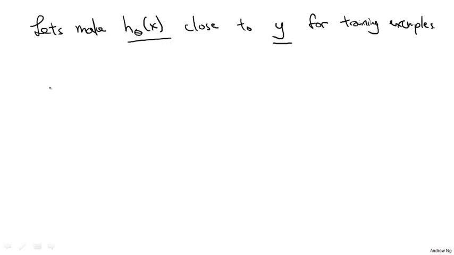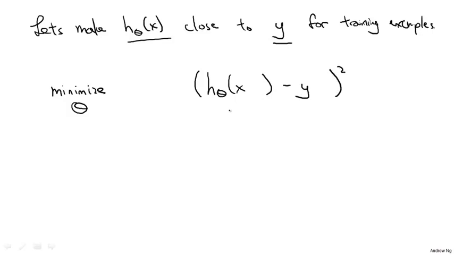In particular, one way we might choose the parameters theta is to minimize over theta, h of x minus y. I'm going to fill this equation in as we go along, right? So we might try to minimize this squared error term, in which we want the prediction of a hypothesis minus the actual price to have small squared error.